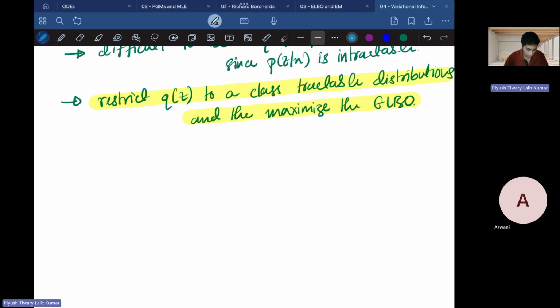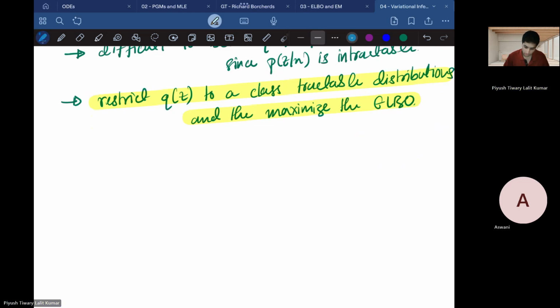I will just show you what we mean by restricting Q of Z to a class of tractable distributions. We will see something called mean field approximation, and then after that we will go on and see another kind of approximation that leads to VAE.